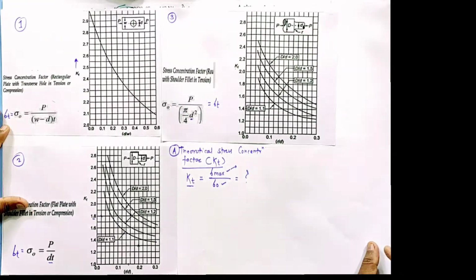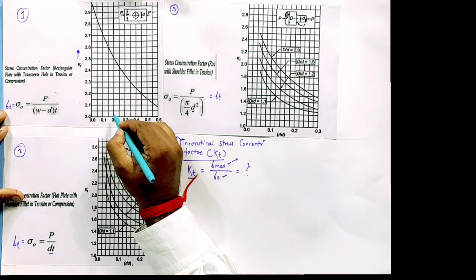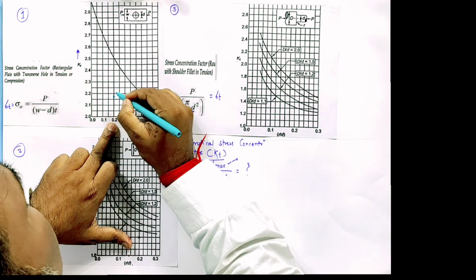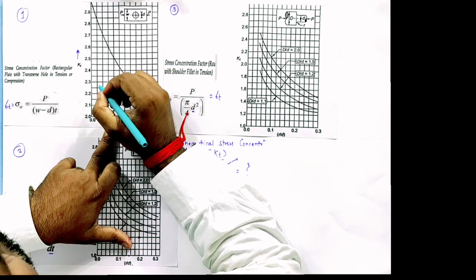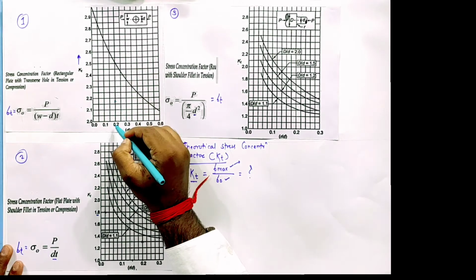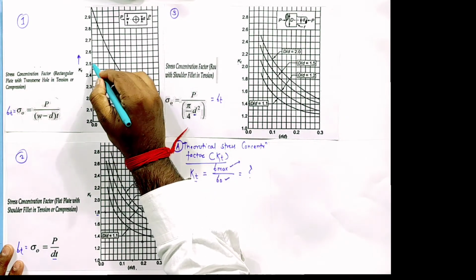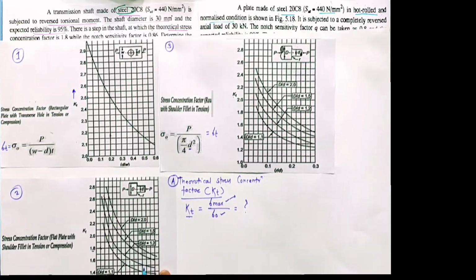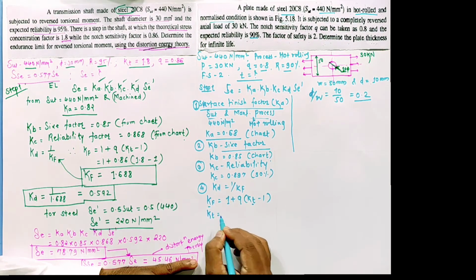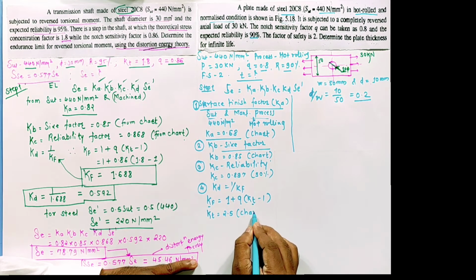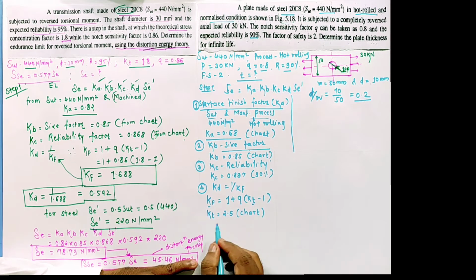So here I'll move toward 0.2 on the top side, and I'll get 2.5. Kt 2.5. 0.2, move upward and towards left. So from the first chart, Kt is 2.5. So we have got Kt.